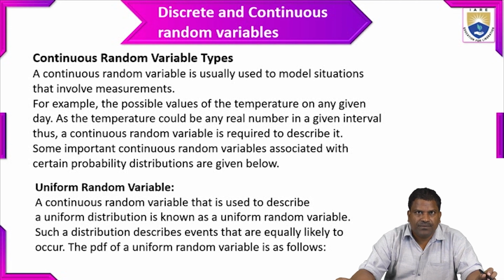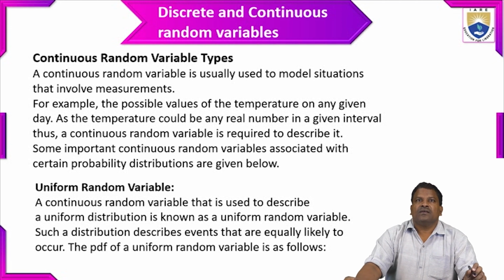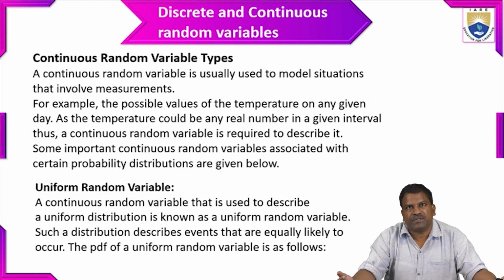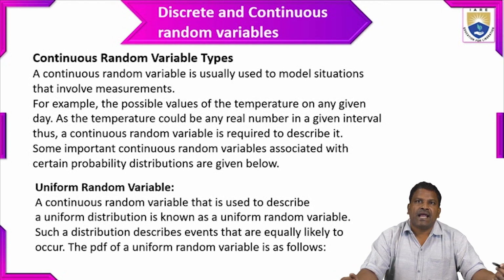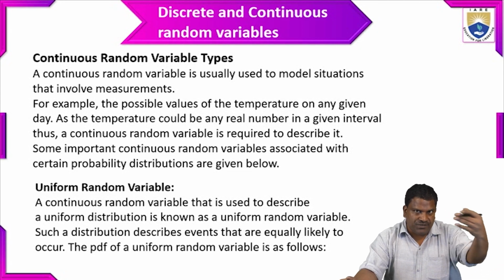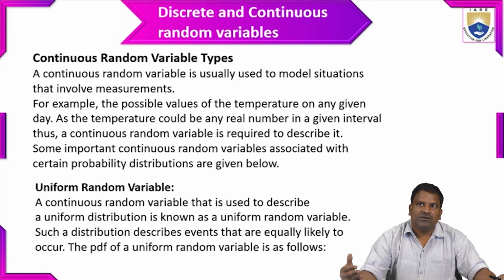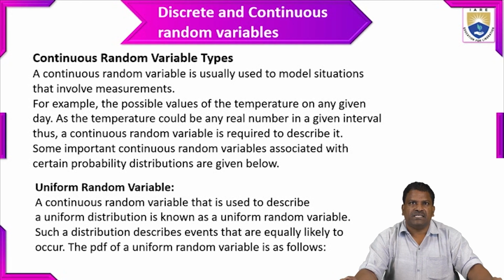Now let us see continuous random variable types. A continuous random variable is usually used to model situations that involve measurements.